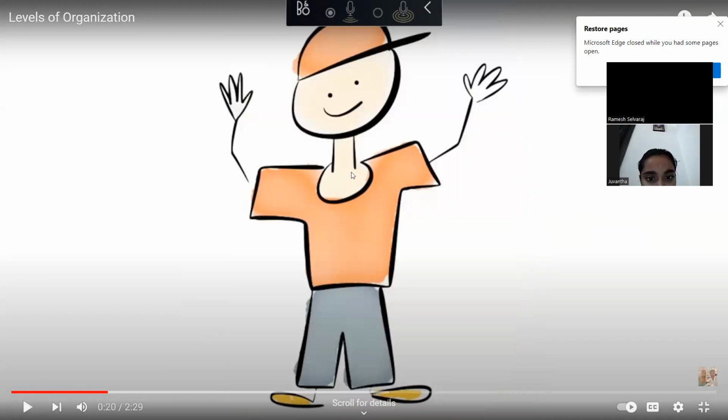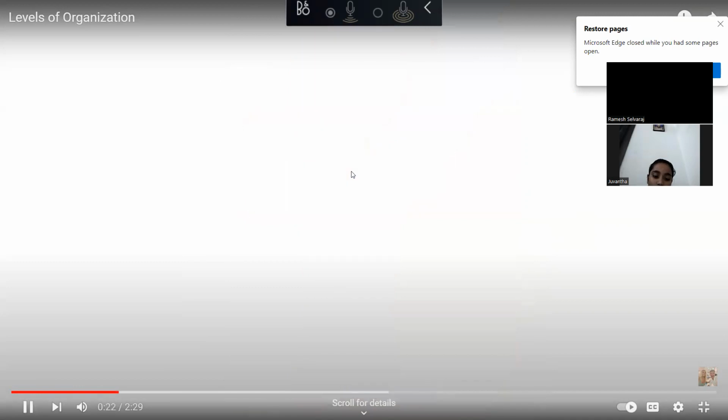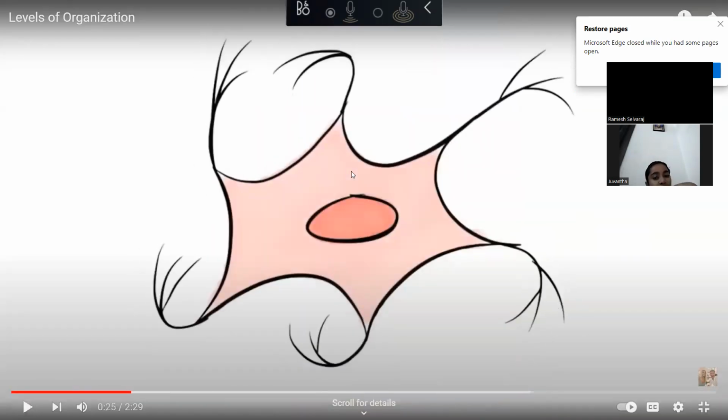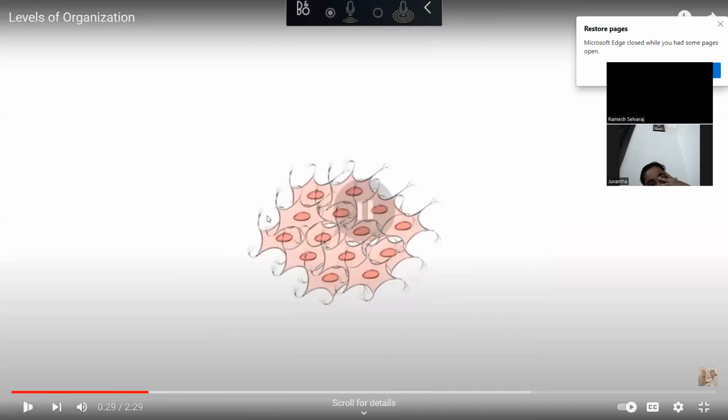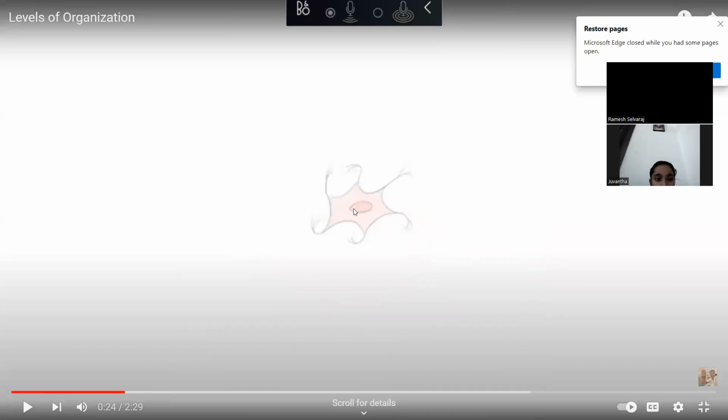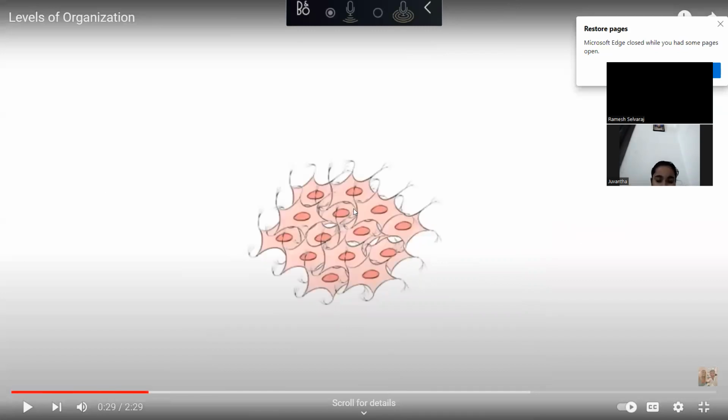The same way in the human body, it has many small cells. This is one cell, okay? Like this, one more cell will also come. Like this, many cells, if joined together, that is called a tissue. You got it, right? One cell, and many cells joined together, what is that called? Tissue.